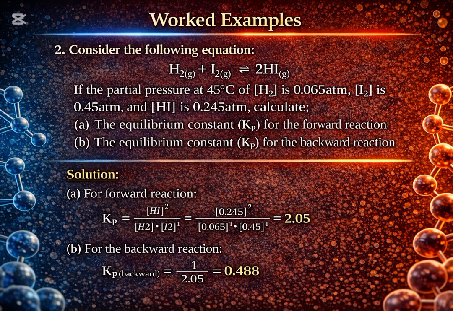Then B, for the backward reaction. Now the backward reaction is just the inverse of the forward reaction, which means 1 over 2.05, giving 0.488.